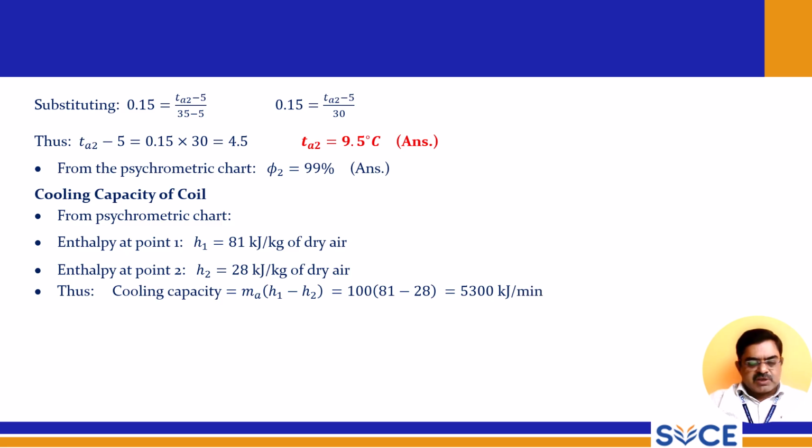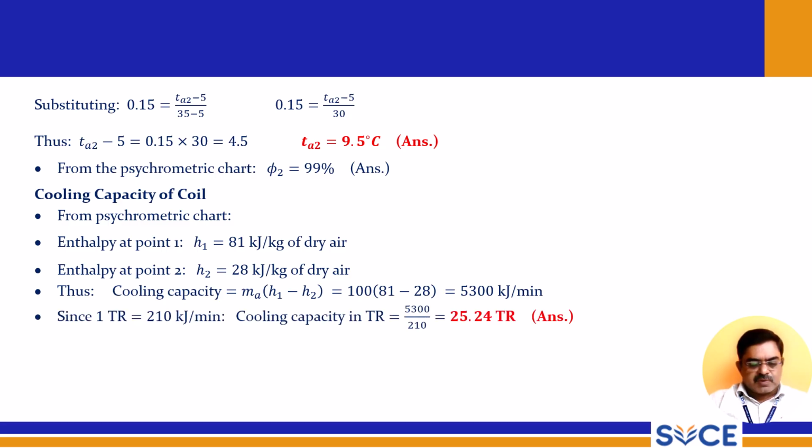So cooling capacity equal to MA H1 minus H2, 100 into 81 minus 28, so that is 5300 kilojoules per minute. So since 1 tonnage of refrigeration equal to 210 kilojoules per minute, so cooling capacity in TR equal to 5300 divided by 210, so that is 25.24 tonnage of refrigeration. So this is another answer.